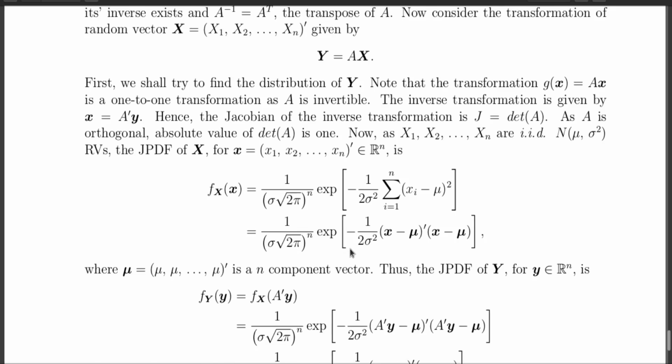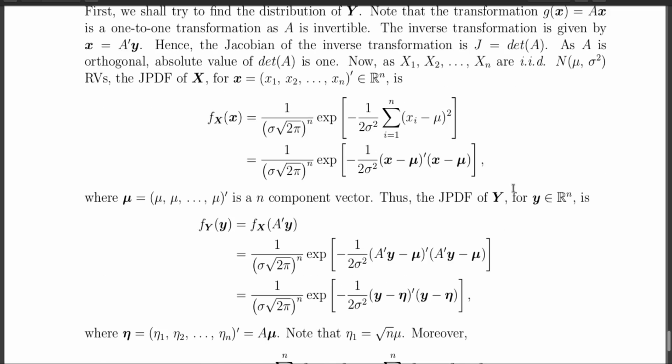Okay. So let us now see what is the distribution of y, what is the joint PDF of y. The joint PDF of y using the Jacobian formula is nothing but f of x, where x needs to be replaced with the inverse transformation, multiplied by the absolute value of the Jacobian, which is 1 in this case. Now just plug in A transpose y in place of x and take A transpose outside as common.